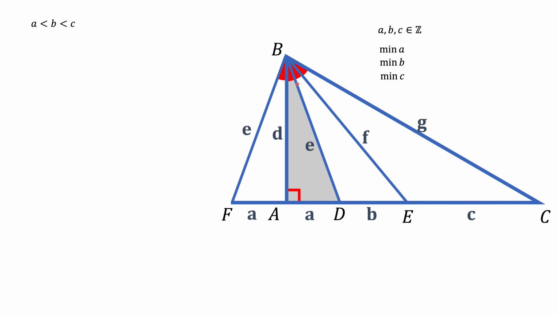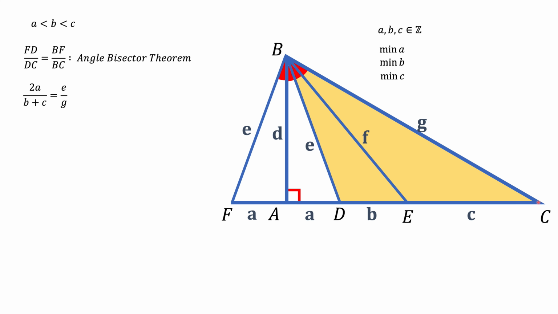BF should be congruent to BD, and AF should be congruent to AD. And now let's consider this big triangle FBC. In this triangle, BD is an angle bisector. So we're going to apply the angle bisector theorem here, which means that FD to DC should be equal to BF to BC.